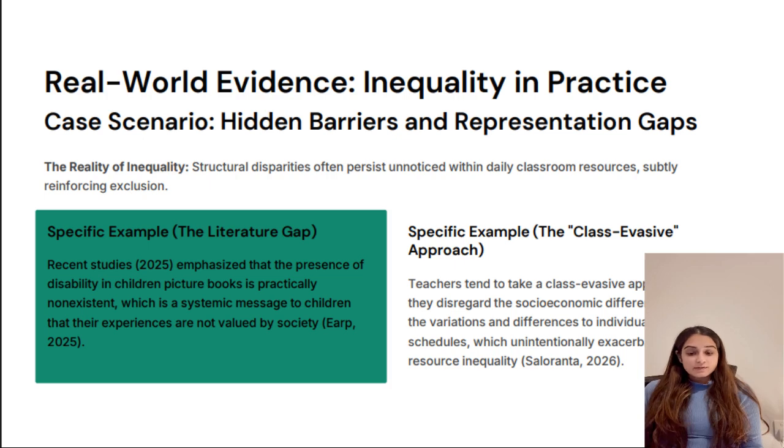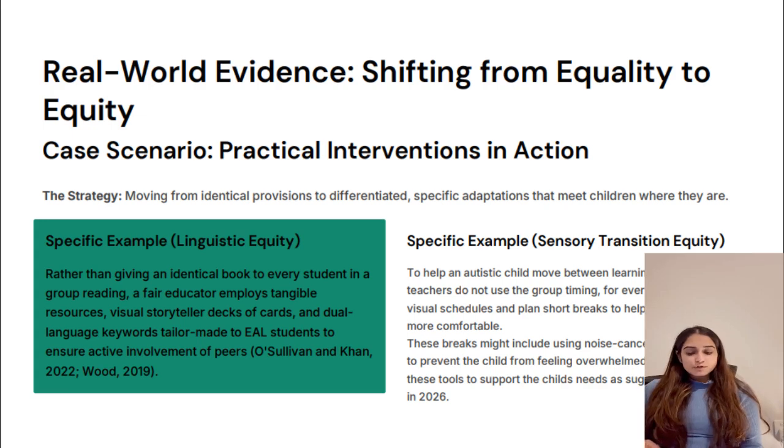In my slide 7, it's about real world evidence: shifting from equality to equity. To shift from equality to equity in a practical way, we must look at concrete classroom interventions.